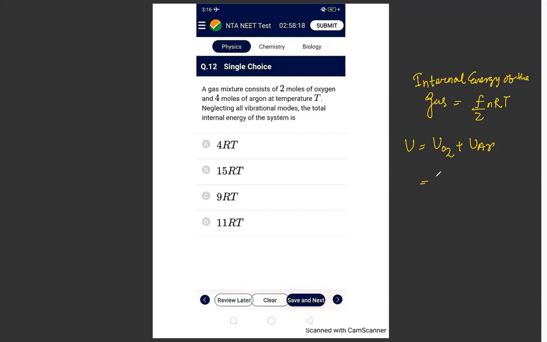Oxygen is diatomic, so I'm going to write it as 5 by 2 into number of moles 2 RT plus argon, which is monoatomic, so it is 3 by 2. How many moles are there? 4 moles of argon, so RT. So 2 and 2 are gone, so this is going to be 5 plus 6, that is 11 RT. 11 RT is the final answer.